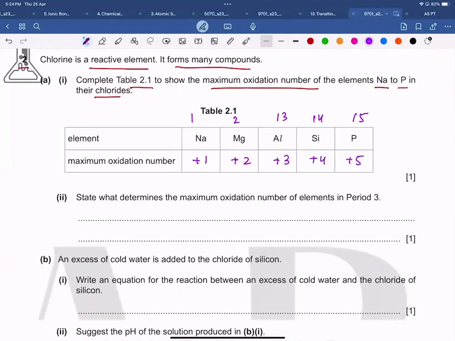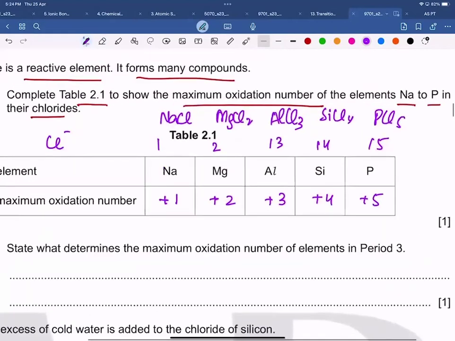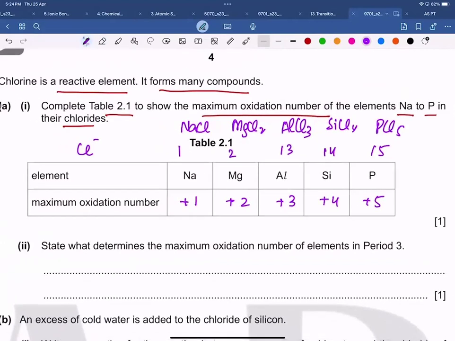Because if you recall, we have PCl5, SiCl4, AlCl3, MgCl2, and NaCl, and chlorine has a -1 charge. It's simple. Sodium has 1 electron, so sodium loses its 1 electron to chlorine, making it +1.